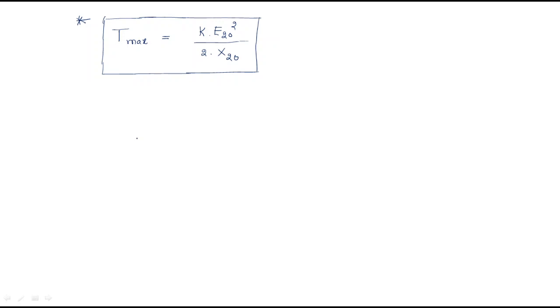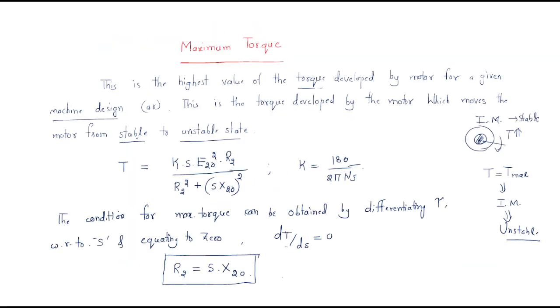Before the observations, once again we look at the maximum torque. Maximum torque means the maximum torque developed by the induction motor. What is the meaning of the maximum torque? Here the stable induction motor will become unstable. Our intention is that any motor or machine should always be in stable mode. So how do we get it? By maximizing the torque, the only variable here is slip.